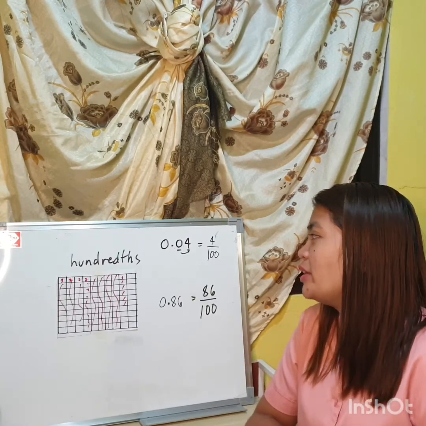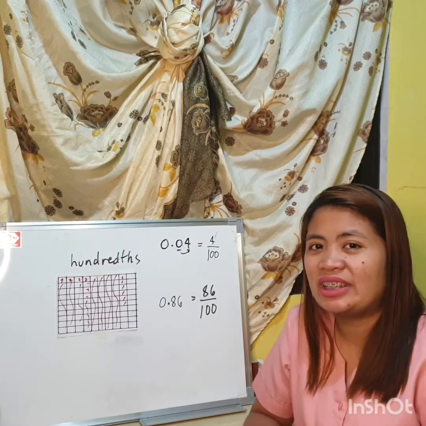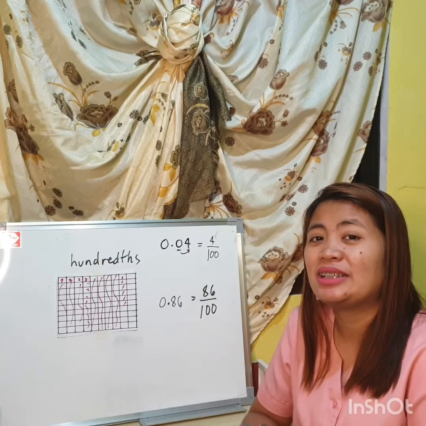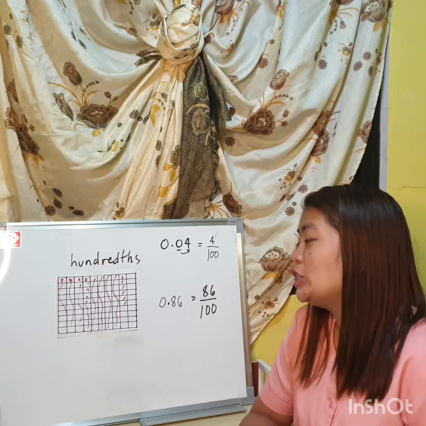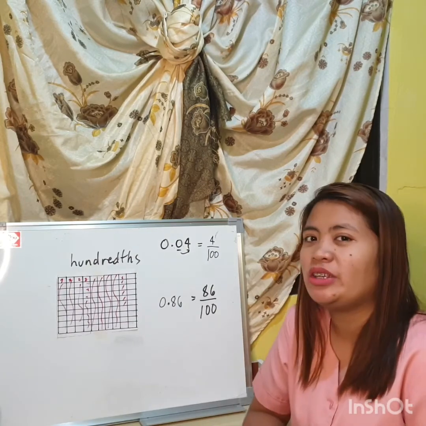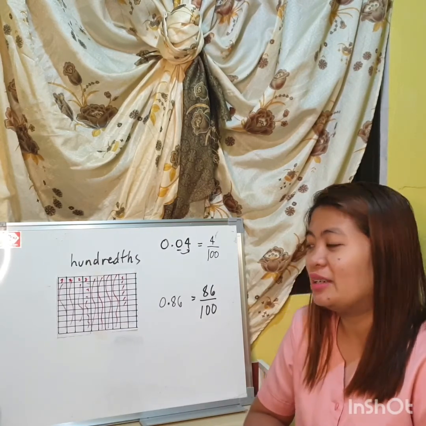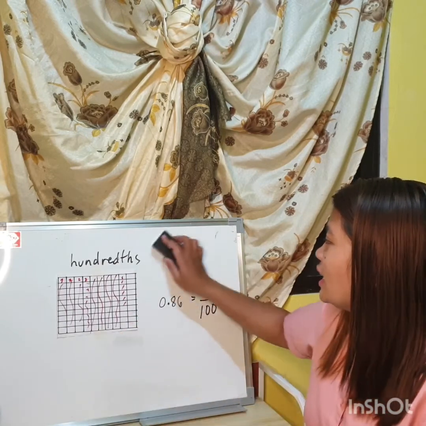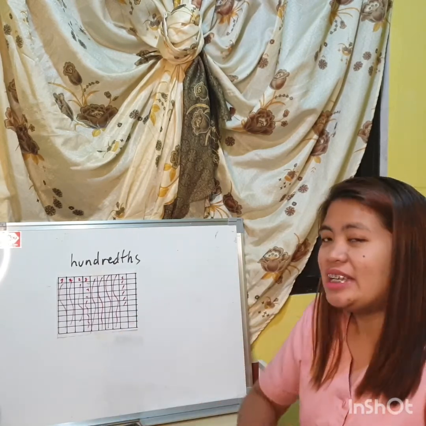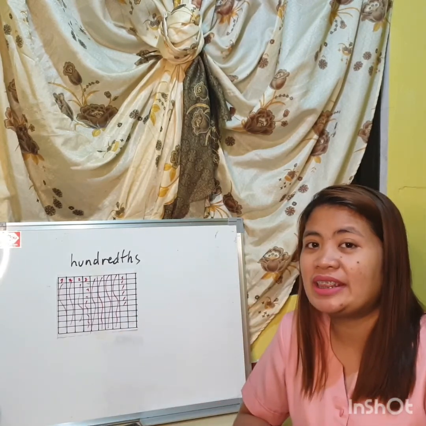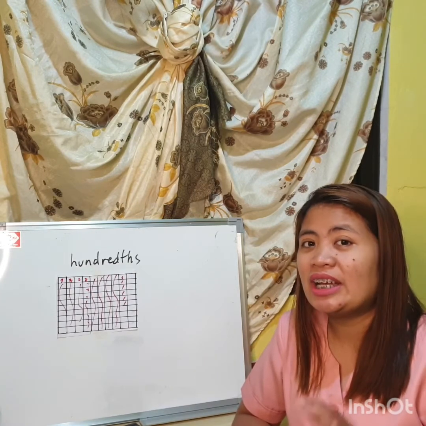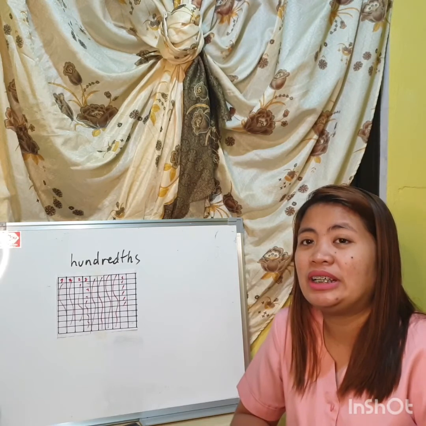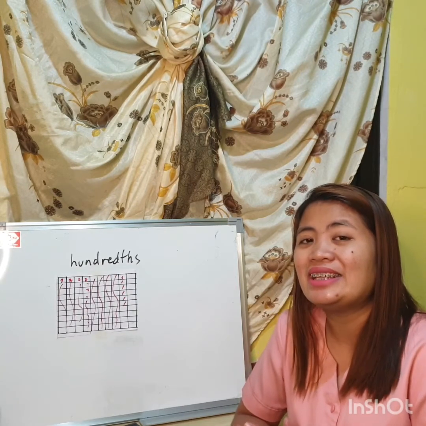So, siya po ay merong mga place value. Merong tenths, hundredths, thousandths, ten-thousandths, hundred-thousandths, and so on. So, ipinakita ko lang po sa inyo what is a decimal number. So, tatandaan po natin, a decimal number is a number used to represent numbers which are smaller than 1 unit. Tandaan po, ang decimal number, it is always less than 1.